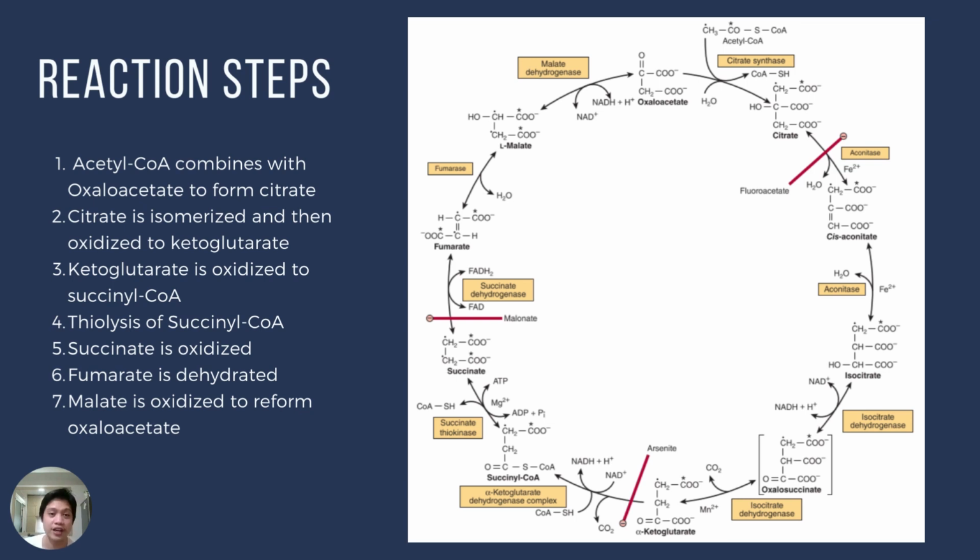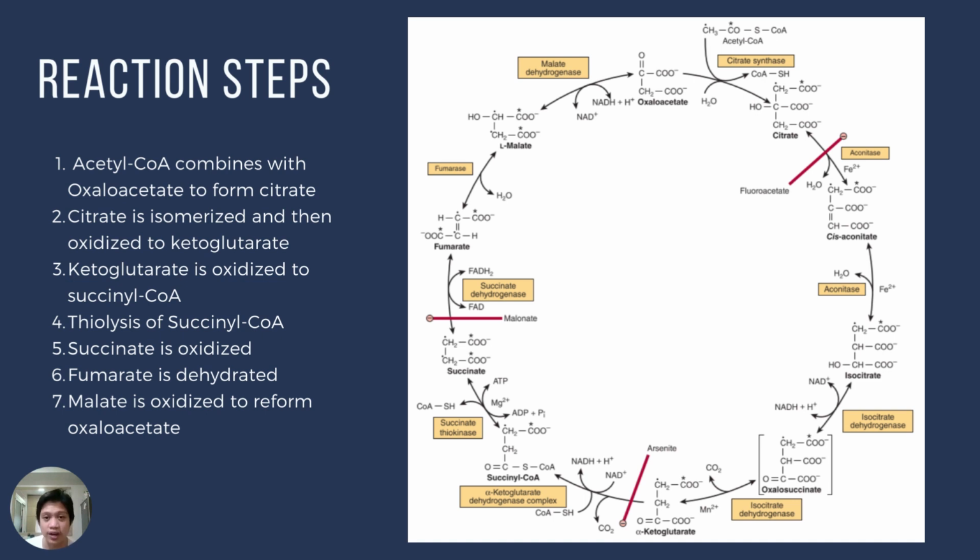Let's now go into the reaction steps. The image on the right can be quite overwhelming, and so let's just focus our attention first on the text on the left. In summary, the reactions of the Krebs cycle are the following. You have to first combine acetyl coenzyme A with oxaloacetate to form citrate.